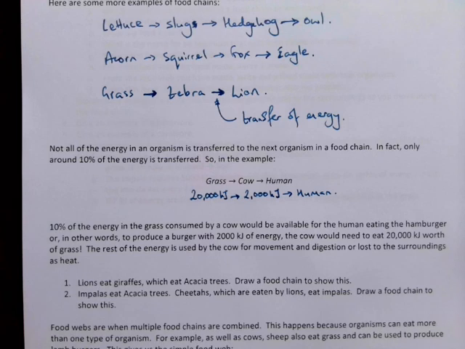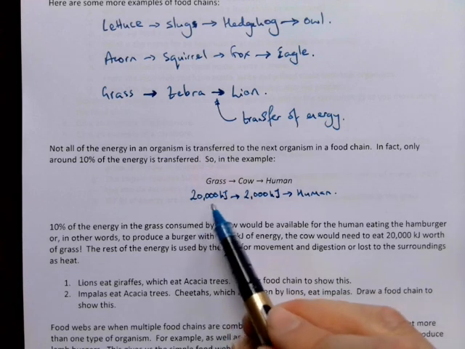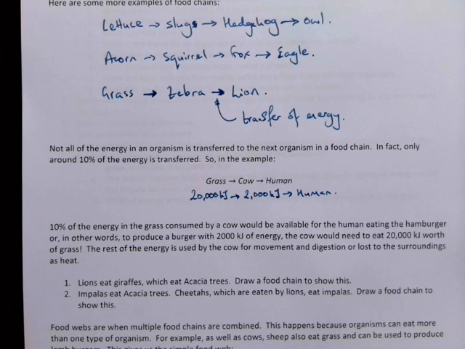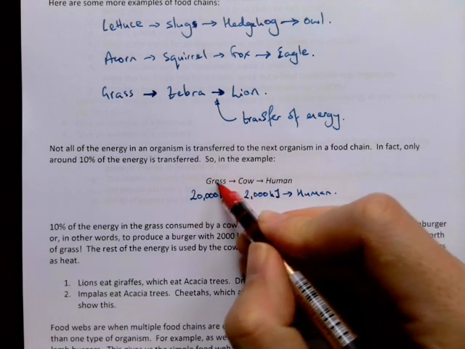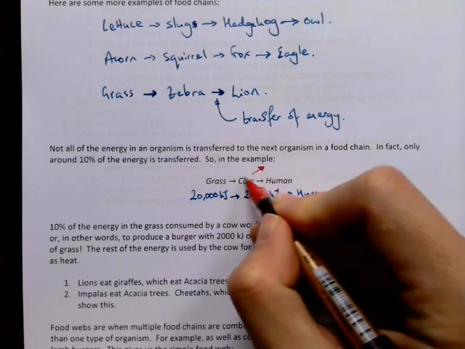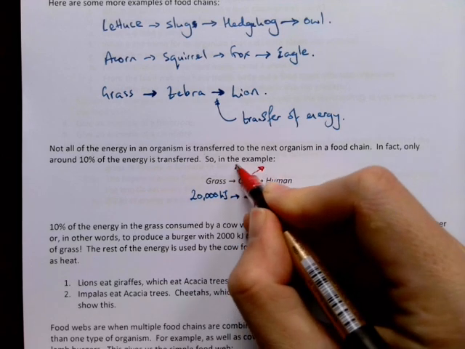So why does the cow need to eat so much energy to produce a 2,000 kilojoule burger? The reason is that the rest of the energy is used by the cow for movement and digestion, or lost to the surroundings as heat. You need to remember that the cow is eating the grass, but it's also losing energy at the same time.